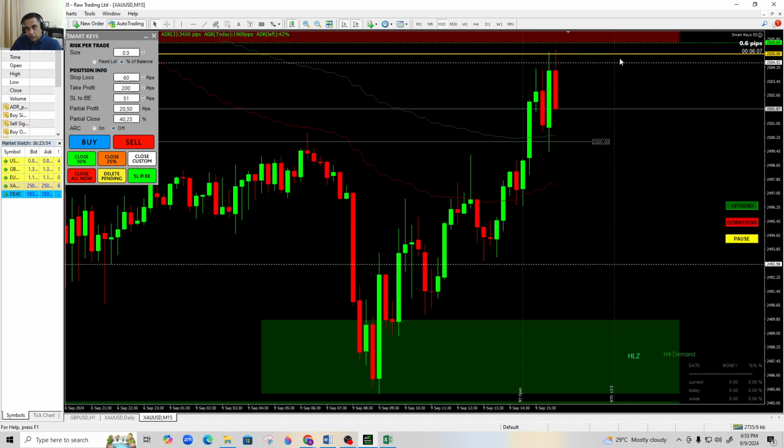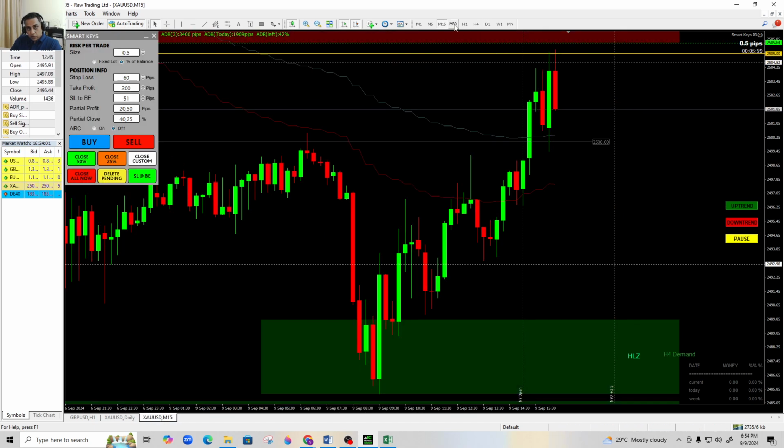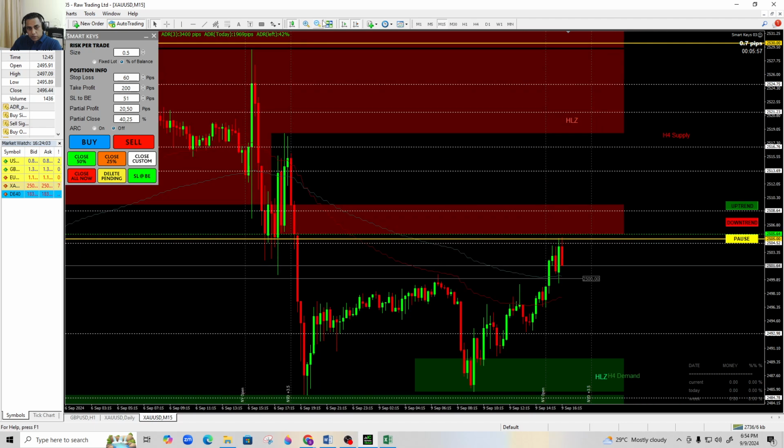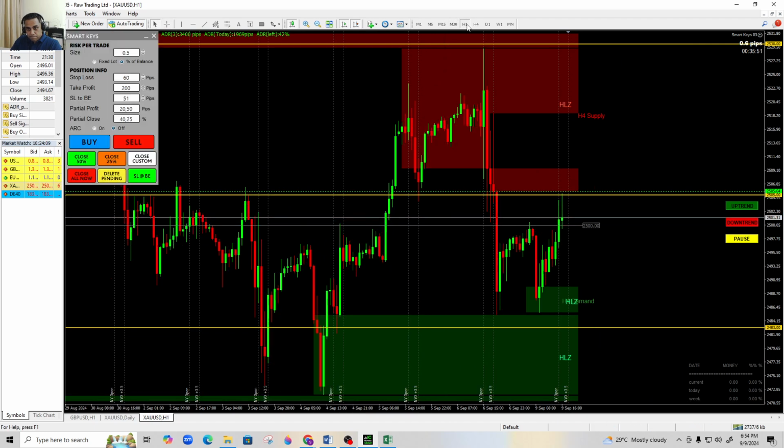It's weekly resistance. Price has touched it. Also keep in mind that this is right at that supply zone.